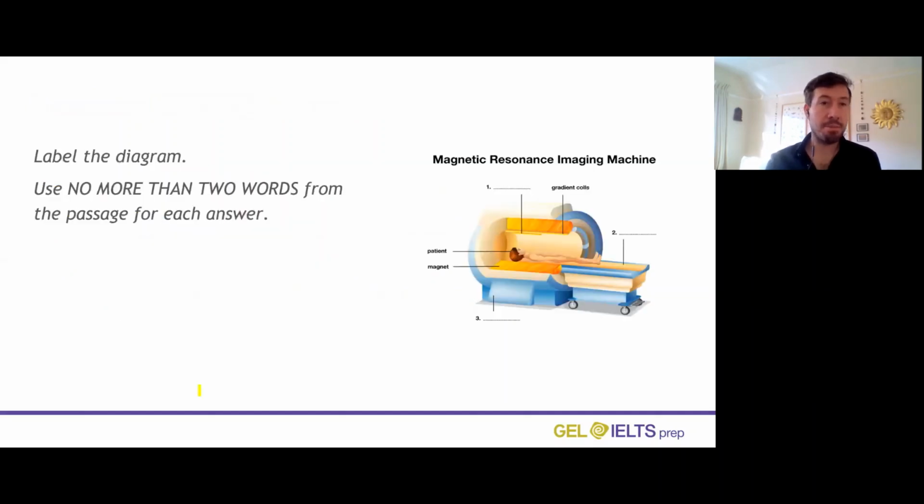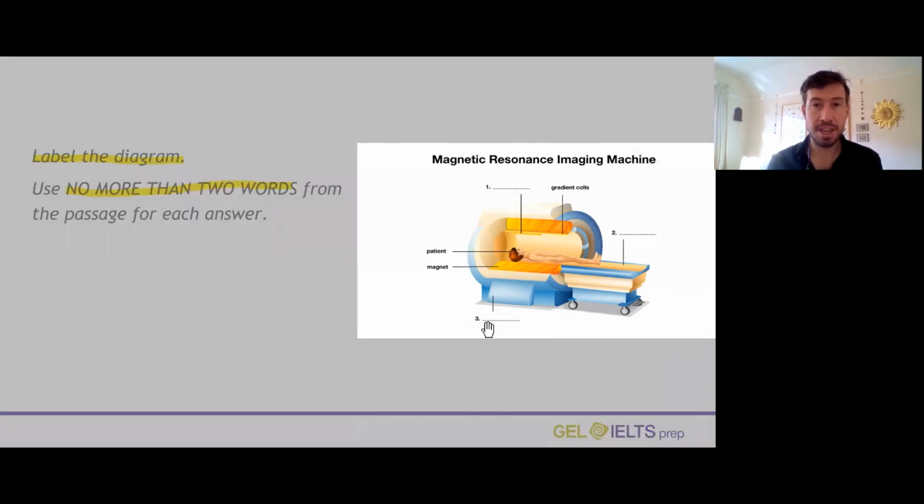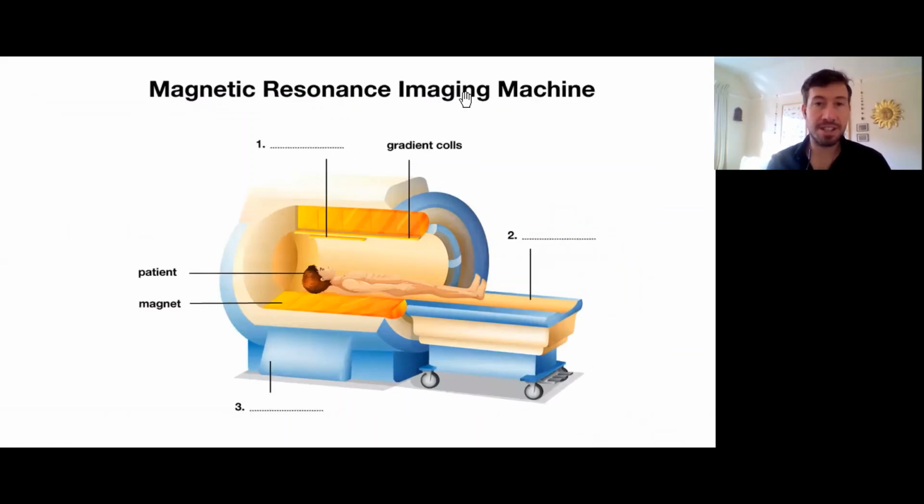So here's an example. You can see the instructions on the left. It says label the diagram, use no more than 2 words from the passage for each answer. So maximum 2, could be 1 or could be 2. And if we have a look at the image here, it is a magnetic resonance imaging machine. And what we need to do is think, what are the keywords first?